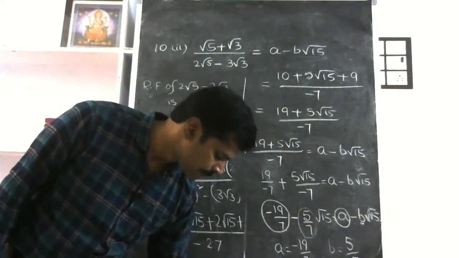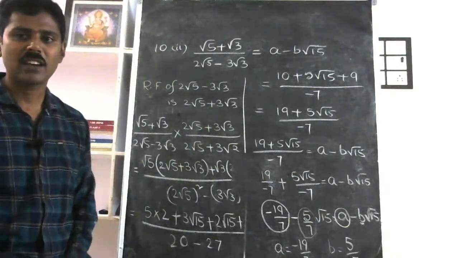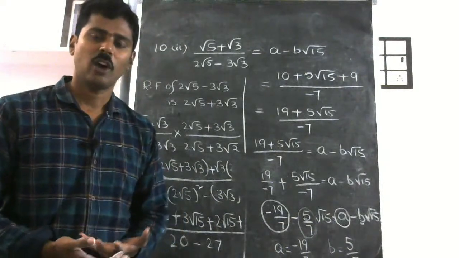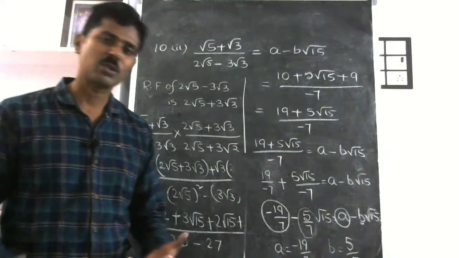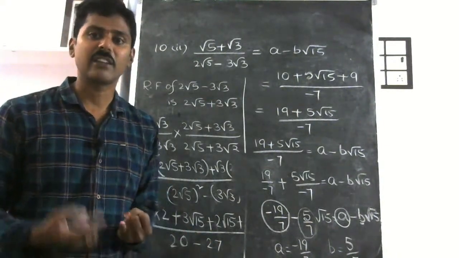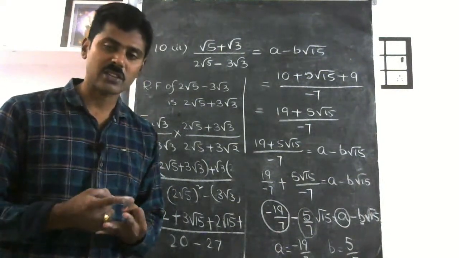So friends, these are the problems in the first chapter, real numbers. In this ninth class, what we have learned: the first one is what is irrational, and how we can say irrational numbers and rational numbers without calculating and without division, with division also. We have learned the definitions of irrationals and surds, and operations on irrationals.